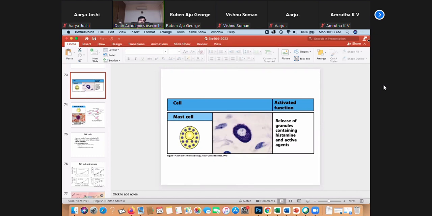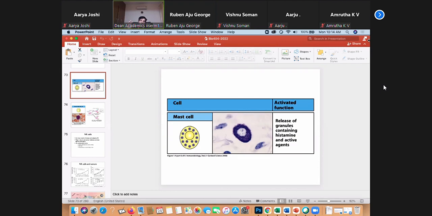Again, when we talk about type 1, type 2, type 3, type 4 hypersensitivities, we are going to discuss it in a little more detail. But for the time being, just remember that these mast cells have receptors on their surface.